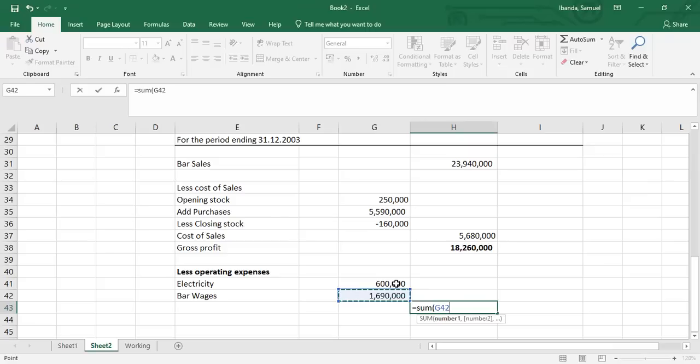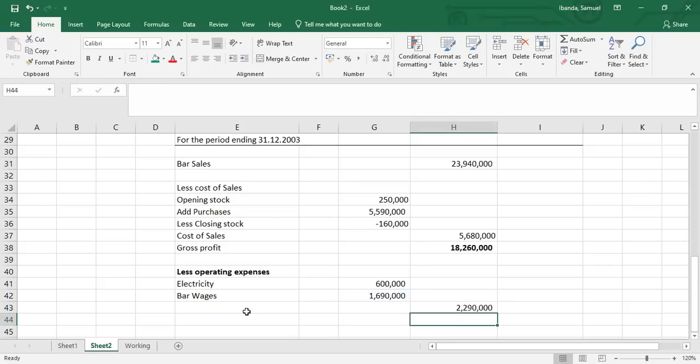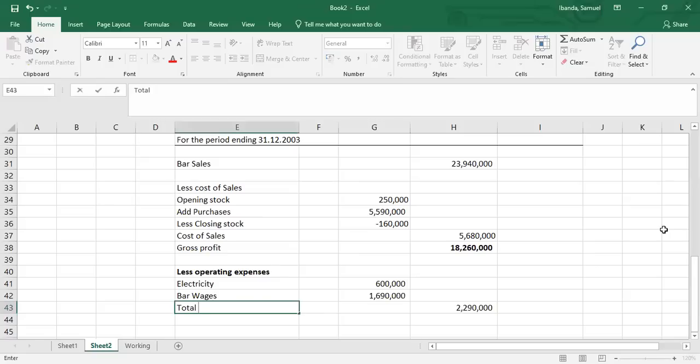So this is my total expenses. This is my total expenses. Main is now doing net profit, okay? The bad trading.